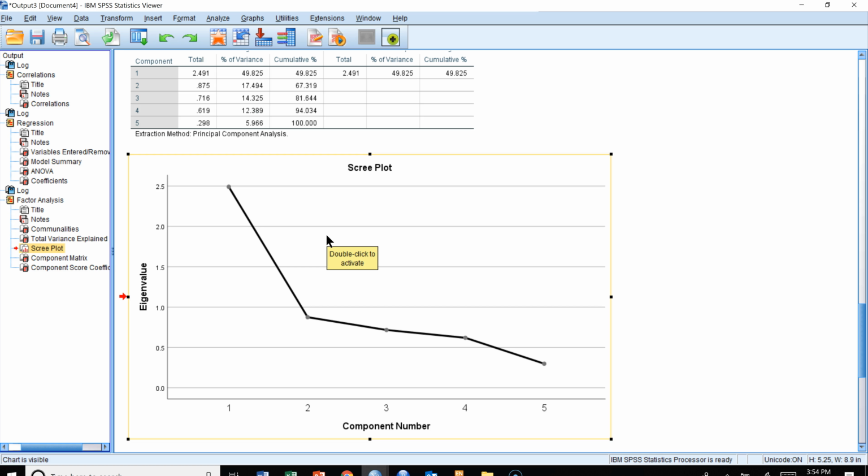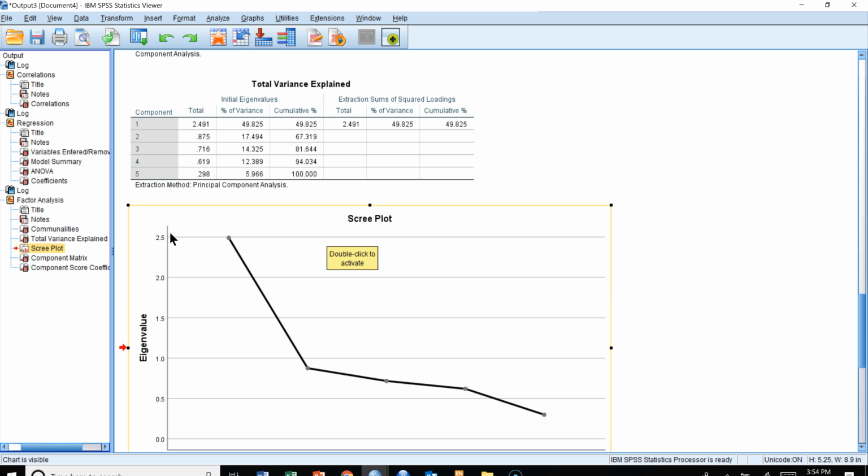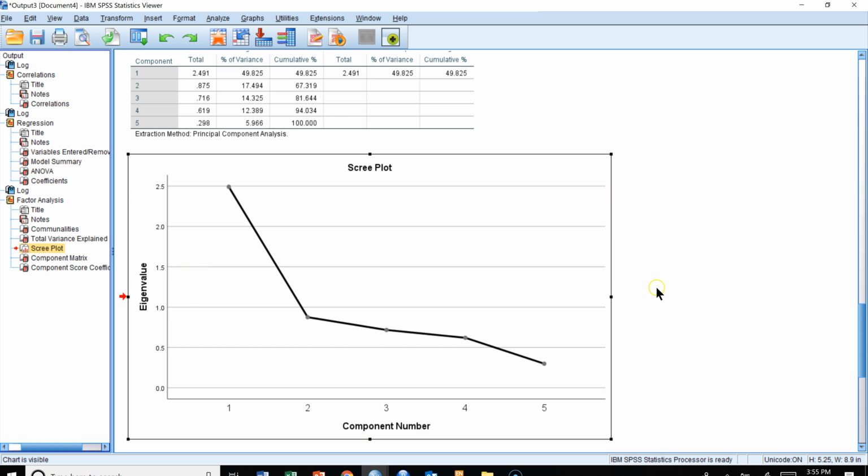In our study, our baseline variables, these variables that we measure are all correlated with each other. And so we can reduce the dimensionality of our study from 5 variables to 1. And we're going to do that in a minute.